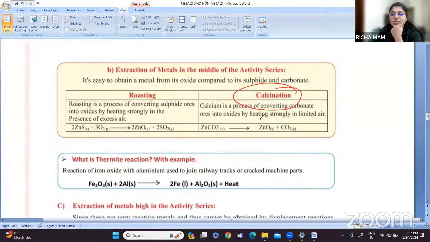Next is calcination. So what is done in calcination? Calcination is a process in which carbonates are converted into oxides. How?